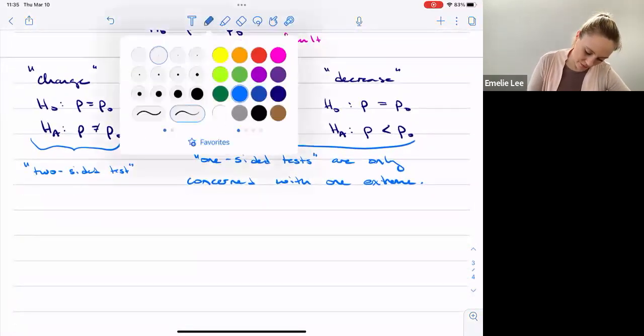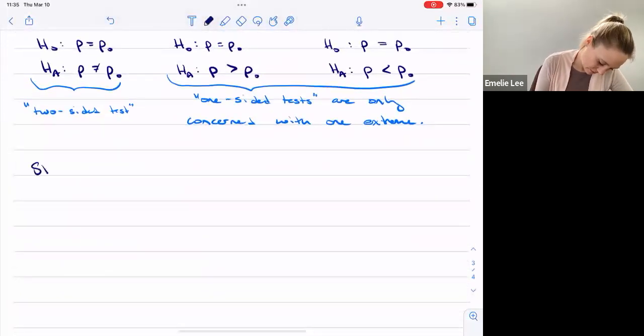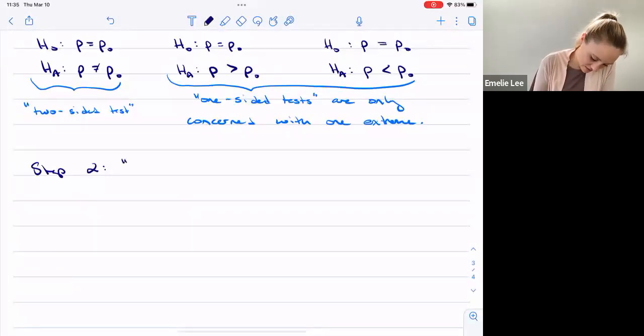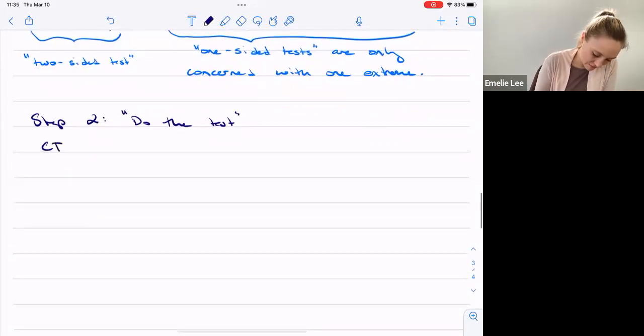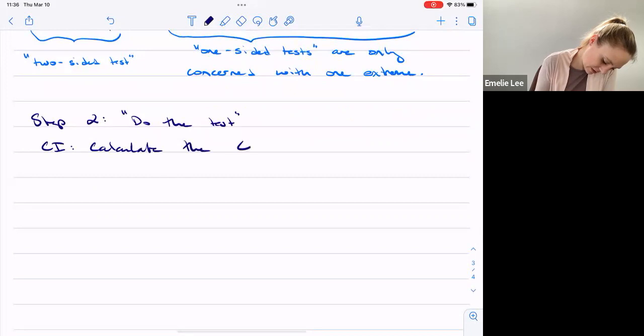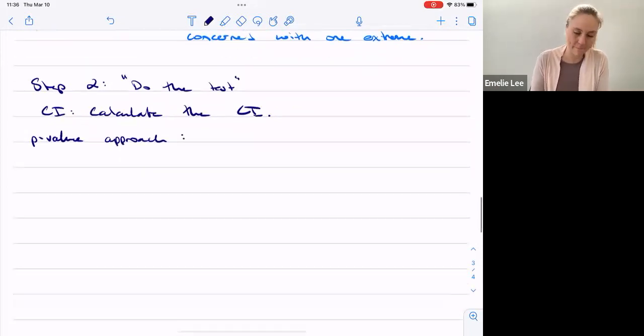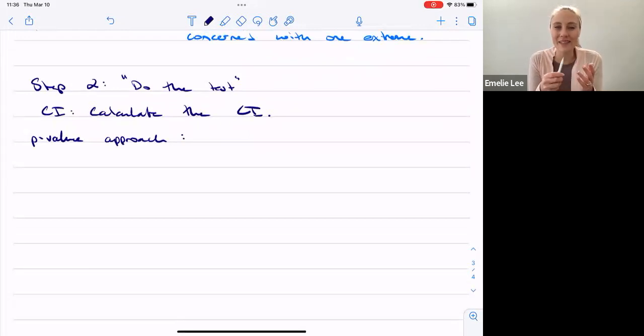Step 2 is do the test. Which in the confidence interval approach just meant calculate the confidence interval. In the p-value approach, it's going to mean calculate the test statistic. That's the generic version, because that's going to apply to all these other different types of questions that we're going to tackle.